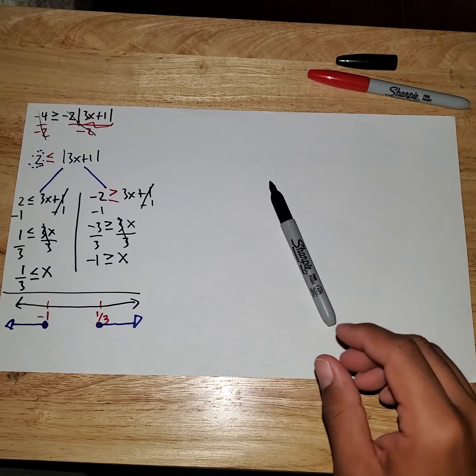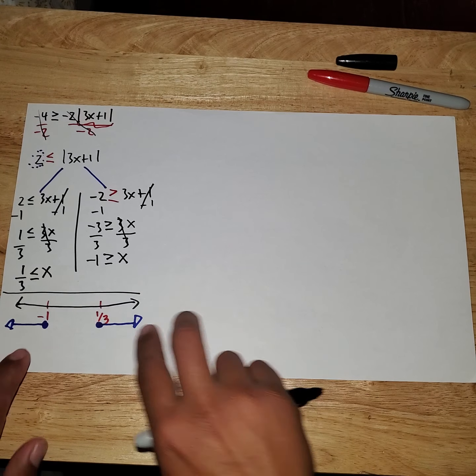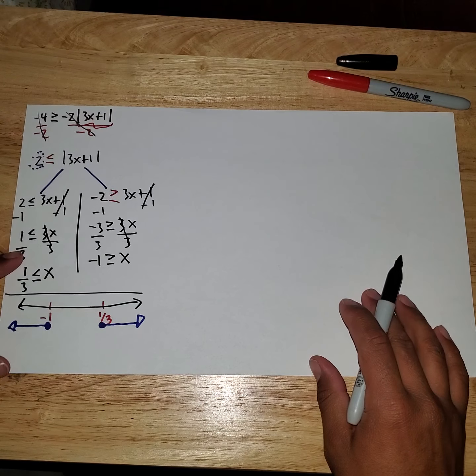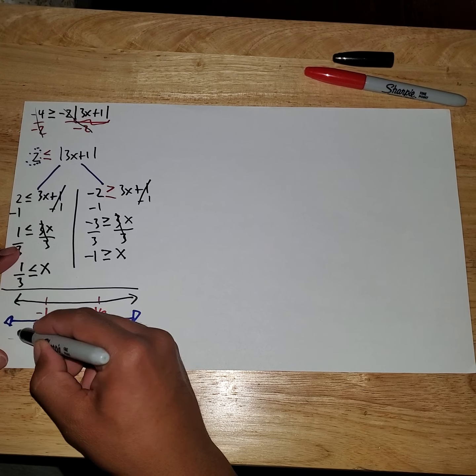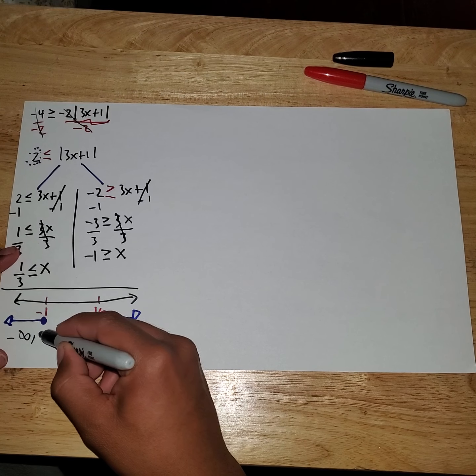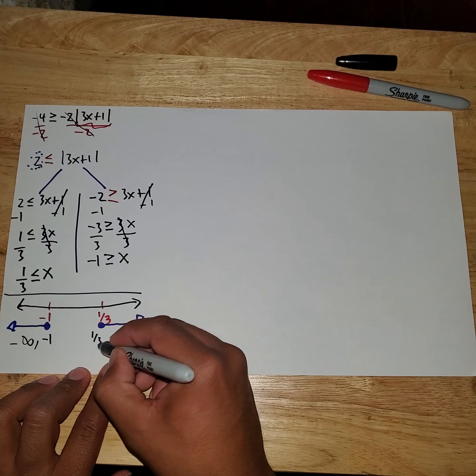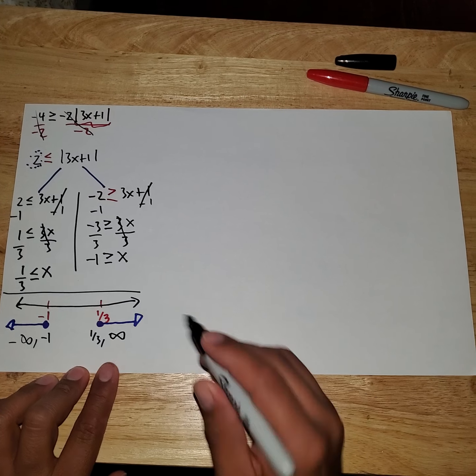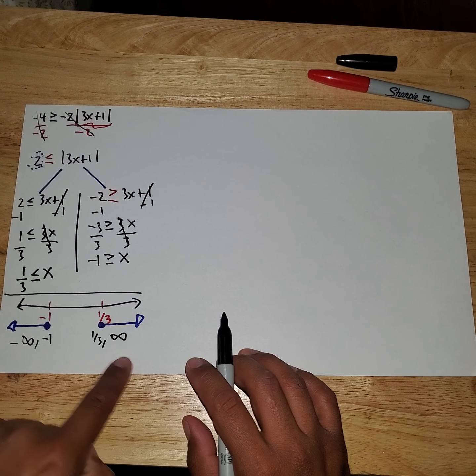In interval notation, it's slightly different because now there's two different intervals that are going on. This looks like it's going from -infinity, stops at -1, and this one starts at 1/3 and then goes to positive infinity, because this is just starting from least to greatest.